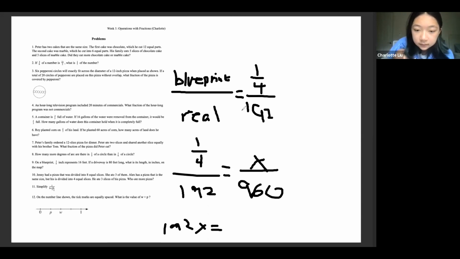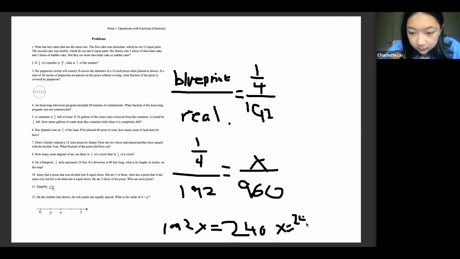You'll get 240, which means x equals 240 over 192, which simplifies to 5/4.